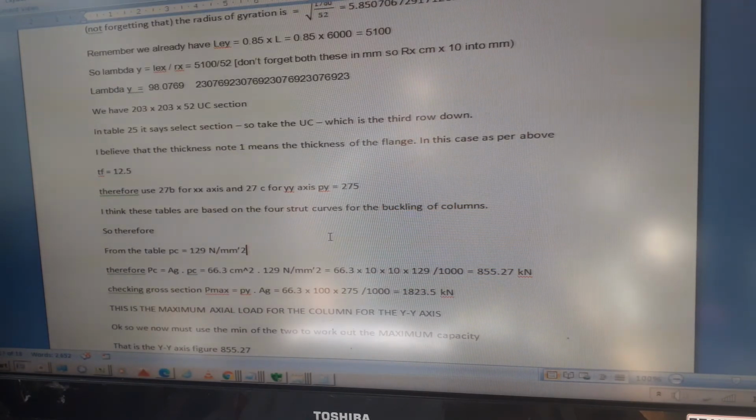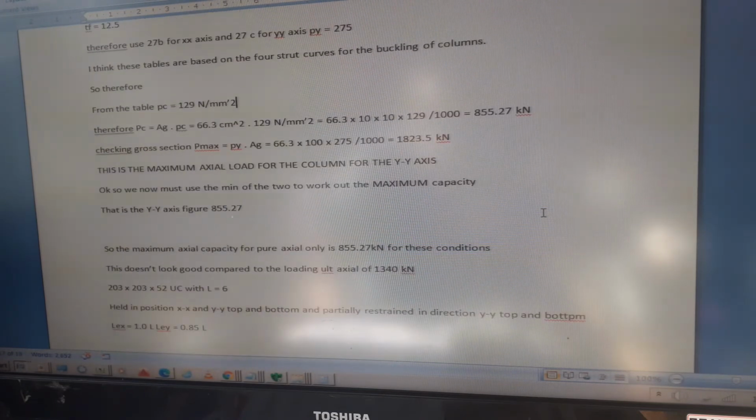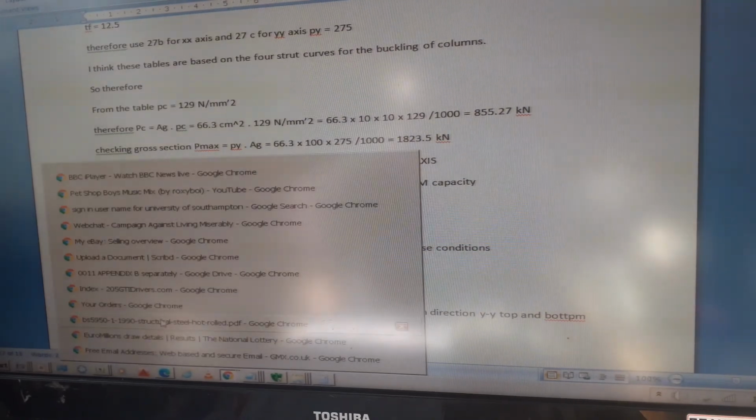So you've got to remember that it's a lot weaker in the y-axis. This is the controlling value then, because the column will buckle in the y-axis. 855.27 kilonewtons. So that's how you do it, using the tables.